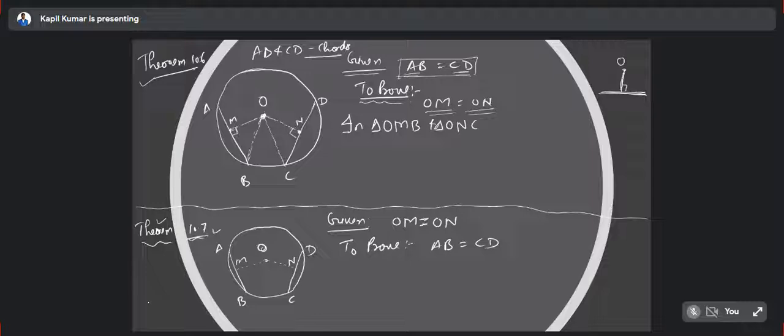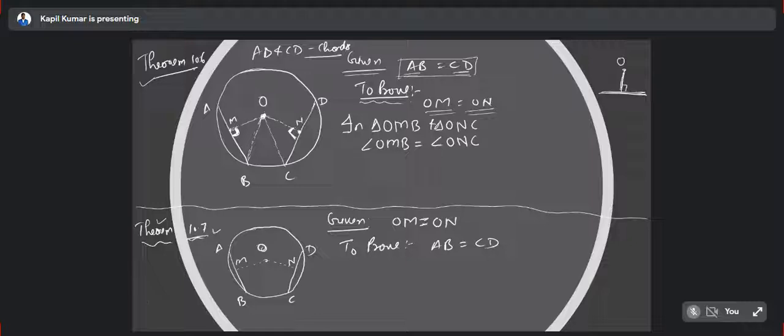Sir, 90 degrees. Which angle is 90 degrees? Both these two angles are 90 degrees. So we can say that angle OMB is equal to angle ONC. You know how to write an angle.